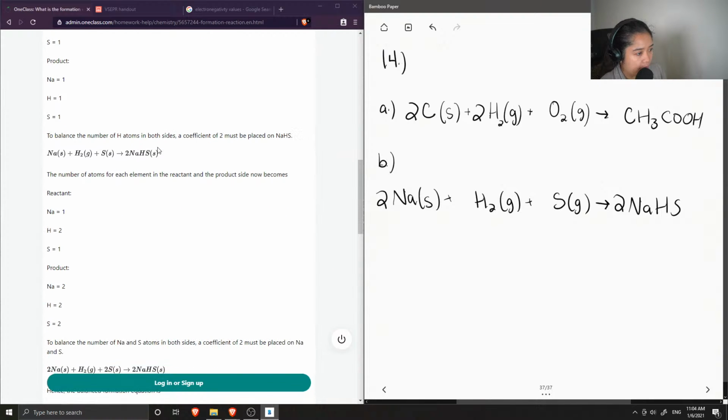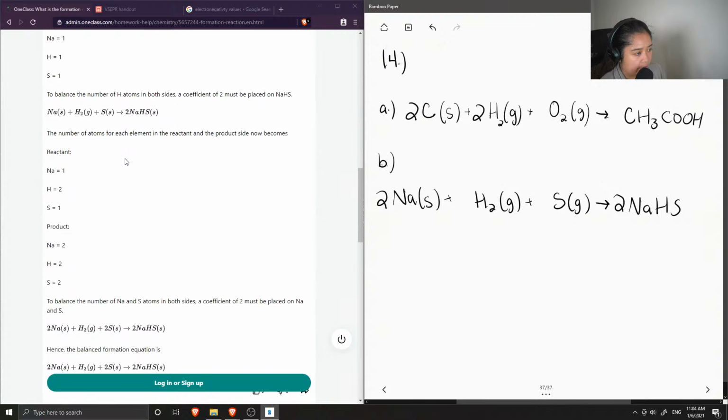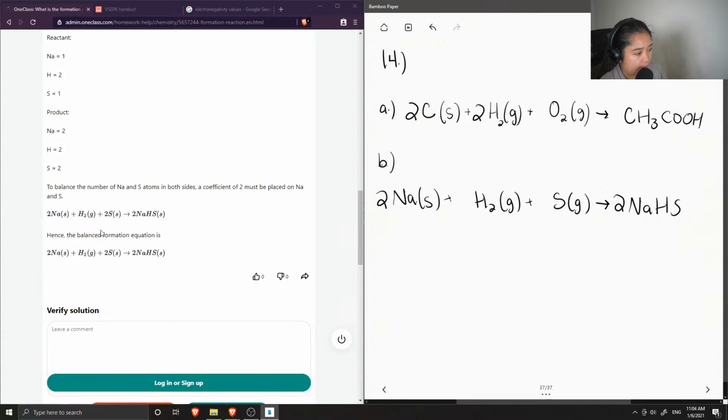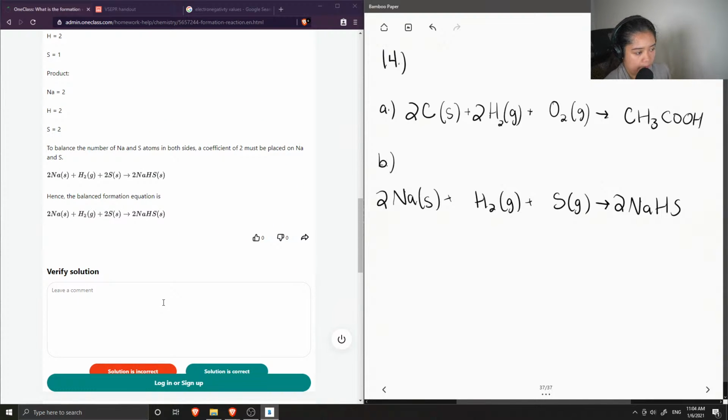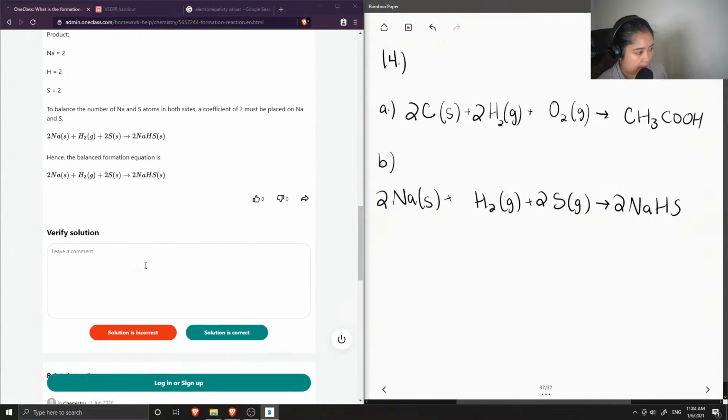And when they balanced it, they put the 2 in front of the sodium and got the same thing. Oh yeah, so the sulfur should also have a coefficient of 2. Okay, so now everything is balanced and this solution is correct.